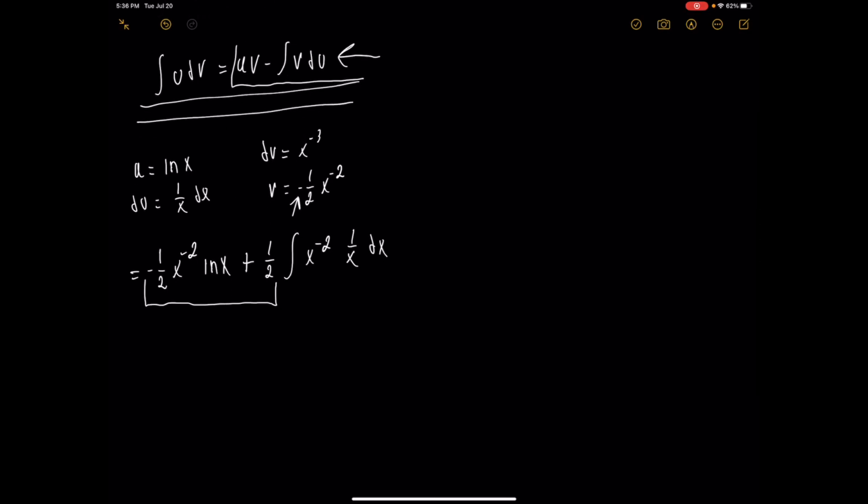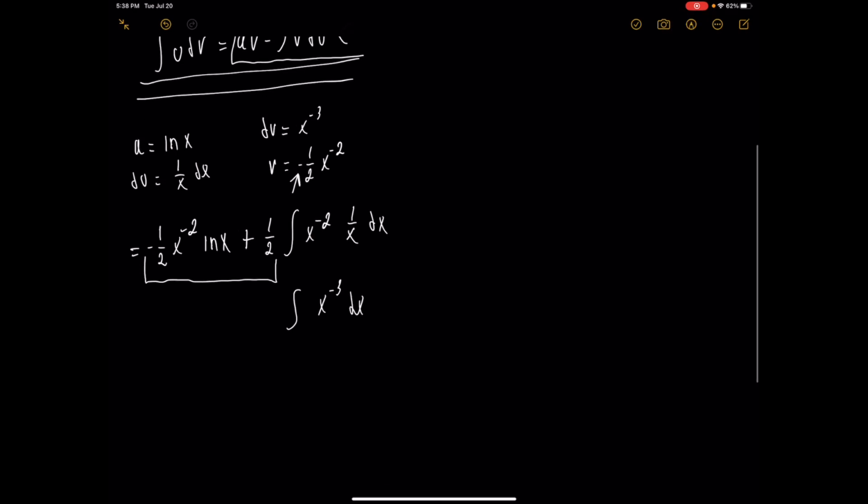So now let's go ahead and integrate this second integral right here that we have. We can go ahead and rewrite this second part of the integral, let me rewrite it over here, as x to the negative 3 dx. So now that's what we have.